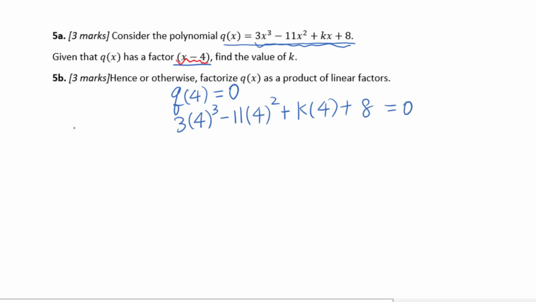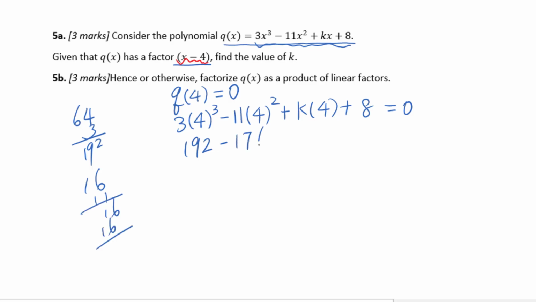4 to the third power is 64, times 3, 192. 192 minus 16 times 11, 176, plus 4k plus 8 equals 0. Combine like terms.